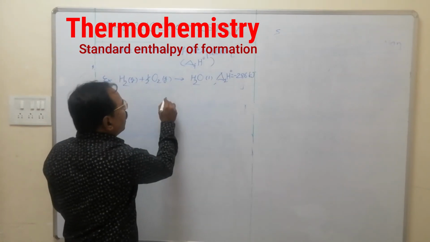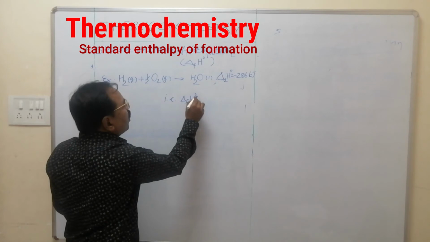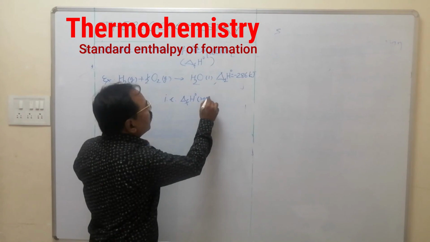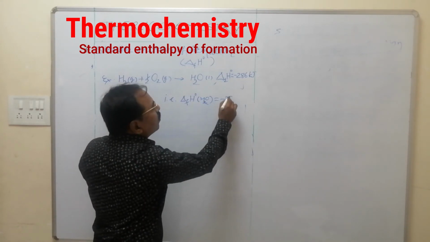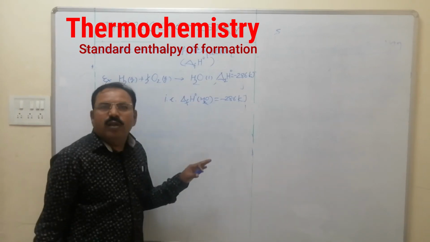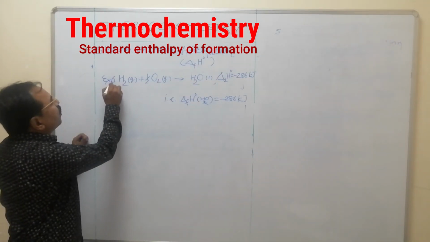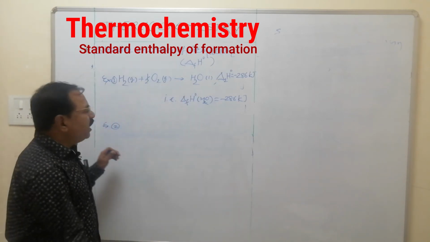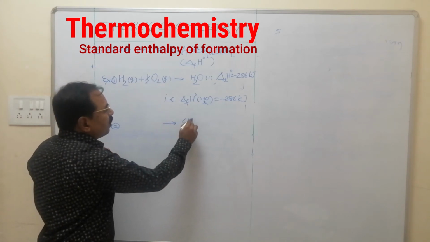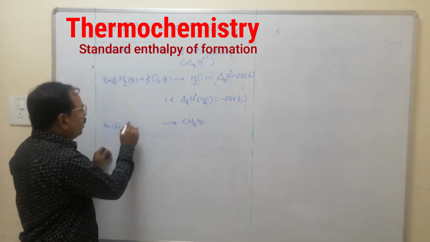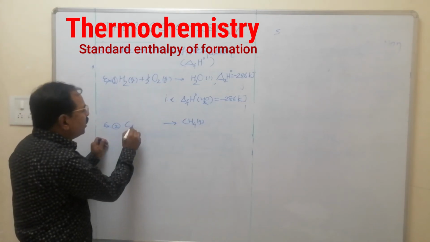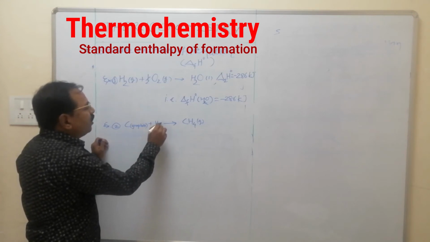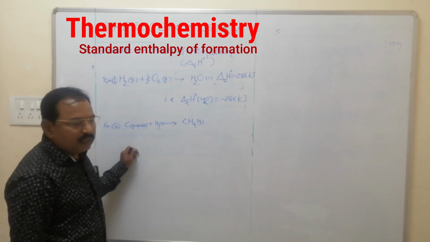That is, the delta f H 0 of water is equal to minus 286 kilojoule. Given this example 1, now example number 2. The formation of methane gas. The methane gas is formed from its elements carbon and hydrogen. The physical state of carbon is graphite, plus hydrogen. Physical state of hydrogen is gas.